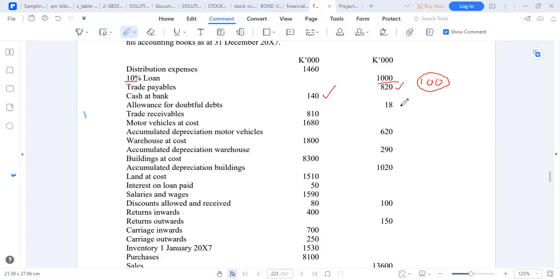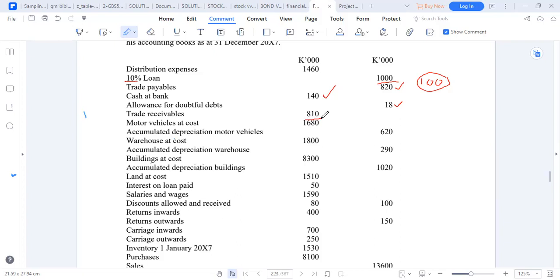Allowance for doubtful debts is 18. Every business makes an allowance for doubtful debts based on our debtors figures. So if we have debtors, which are amounts receivable, for instance 810, and we are told that we make a provision allowance that maybe 10% will not pay, 10% of 810 is 81.